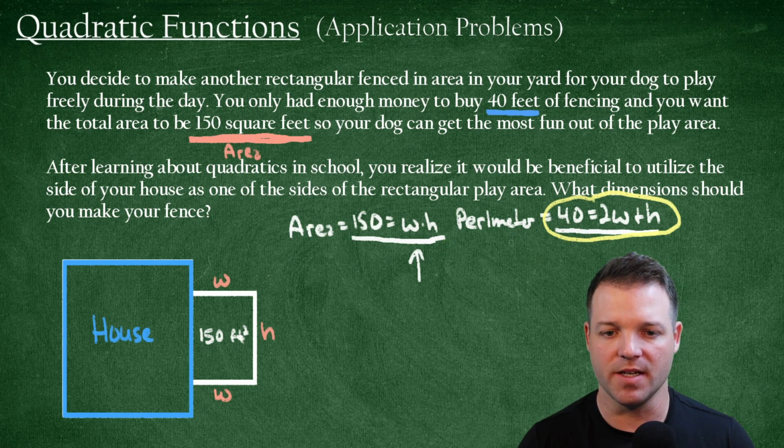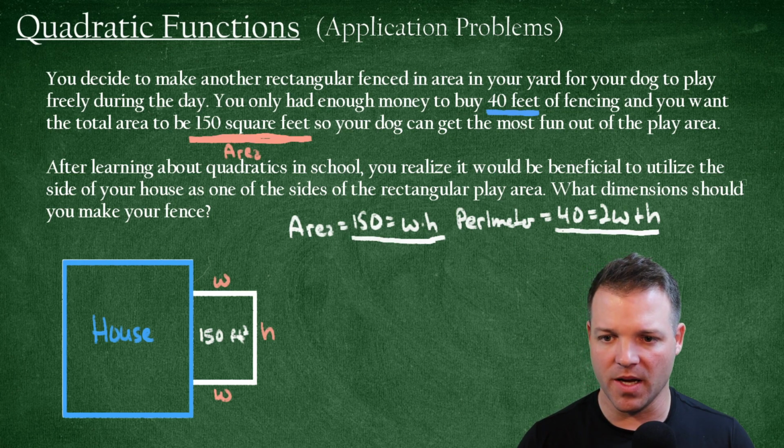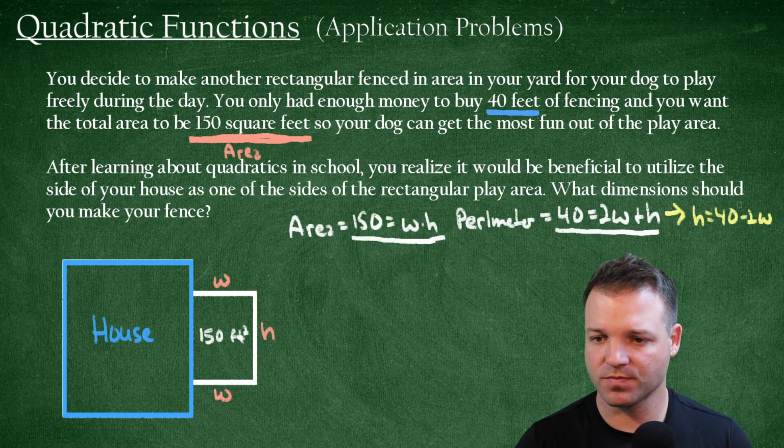That's the idea here, and then we will end up with a quadratic. I'm going to put a little arrow here. I think it's going to be harder to solve for W because we'll have to divide by 2, so let's solve for H. I'm just going to subtract 2W over, and we're going to say H is equal to 40 minus 2W.